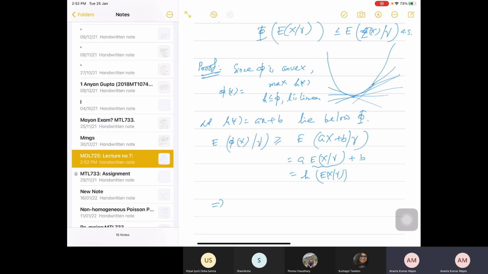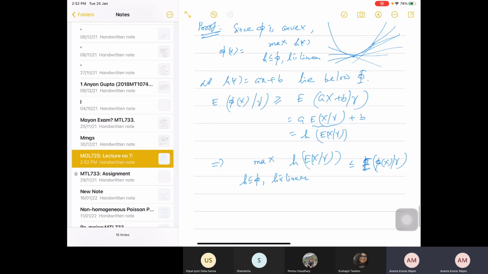Now if you consider any linear h below phi, this implies that the maximum of h of the expectation over x given nu, where h is less than or equal to phi and h is linear, should be less than or equal to the expectation of phi of x given nu. Is it not? This is the part I have.